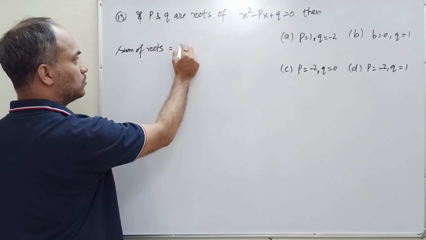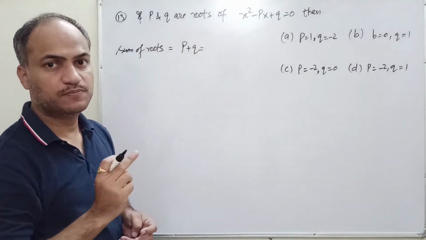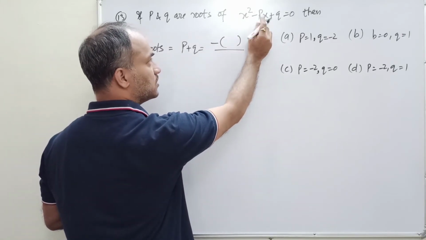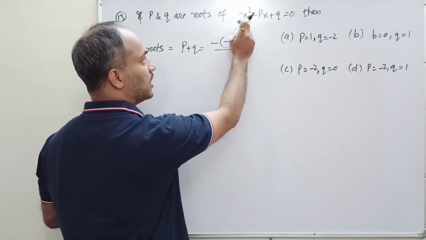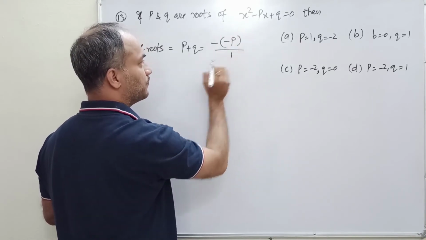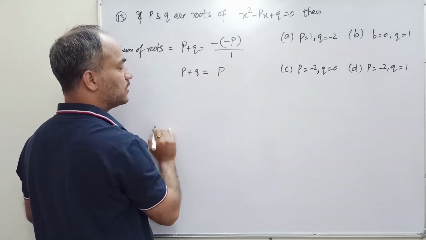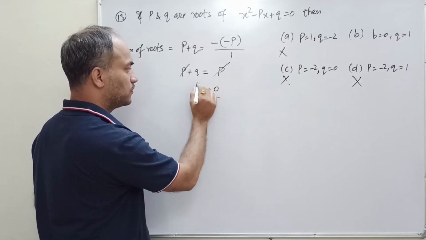This will be p plus q, and this sum of roots is actually equal to minus b upon a. What is b? This coefficient of x, so minus p upon a. A means coefficient of x square. So here we get p plus q is equal to p. So p cancels. So q is equal to 0.